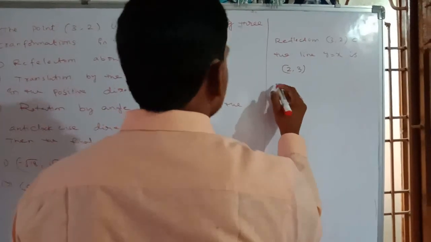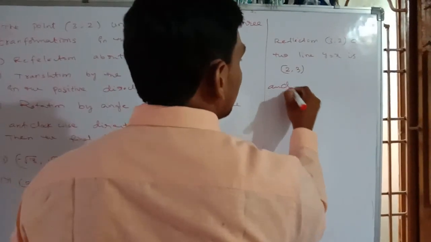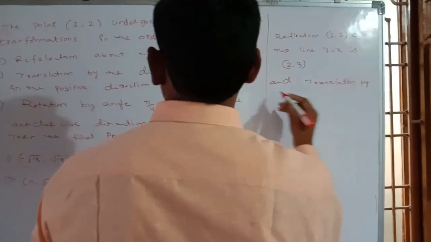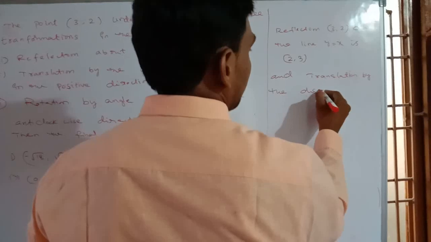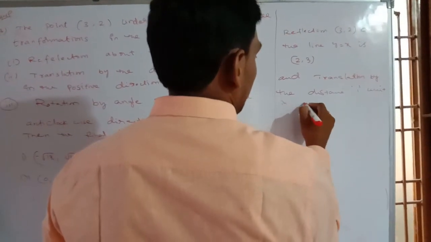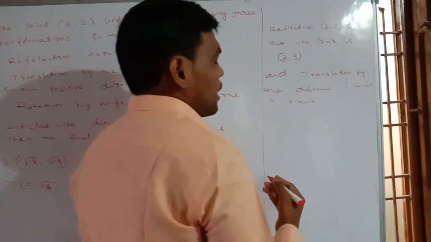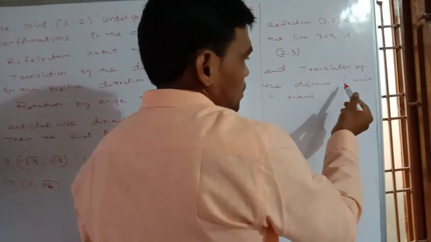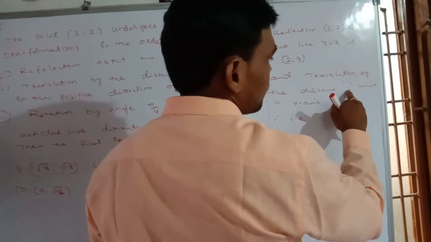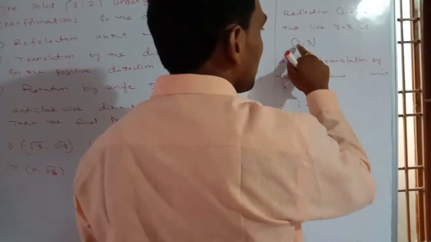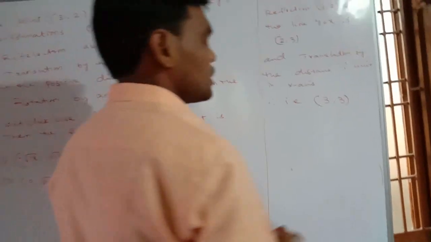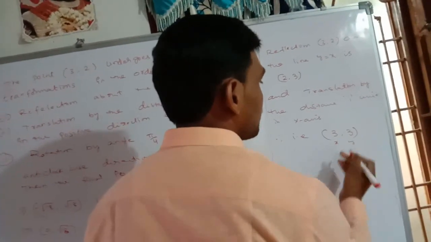So 2 plus 1 gives 3, and the point is 3 comma 3. This is small x and small y.